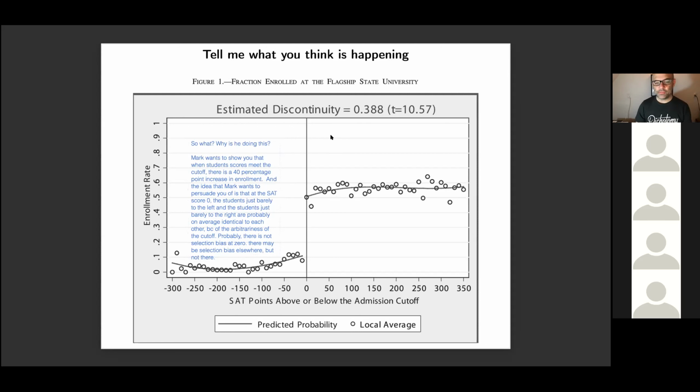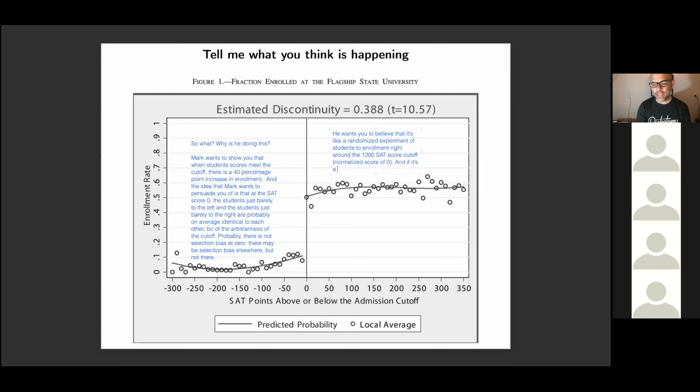He wants you to believe that it's like a randomized experiment of students to enrollment right around the 1200 SAT score cutoff, normalized score of 0.